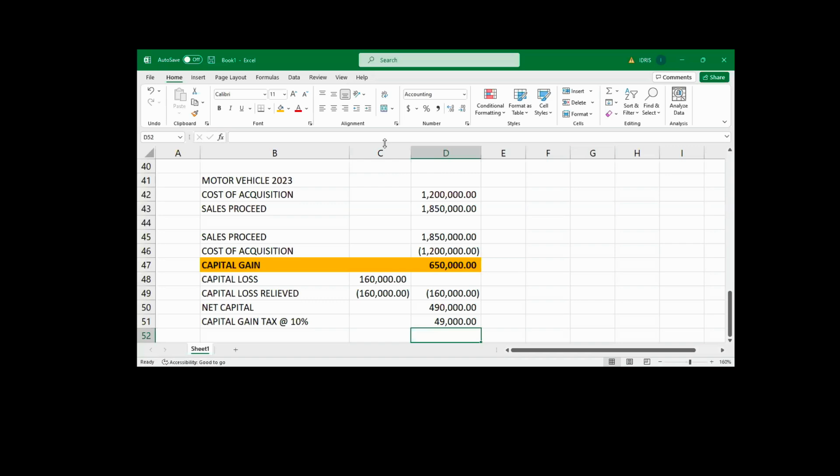You can only carry it forward for a maximum of 5 years. That means any gain that you want to relieve the capital loss against must be made within 5 years of when you made the loss. If the gain is made after 5 years, you cannot relieve that capital loss again. Do you understand our point?